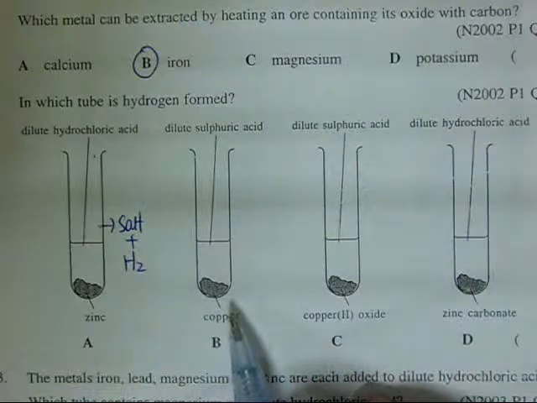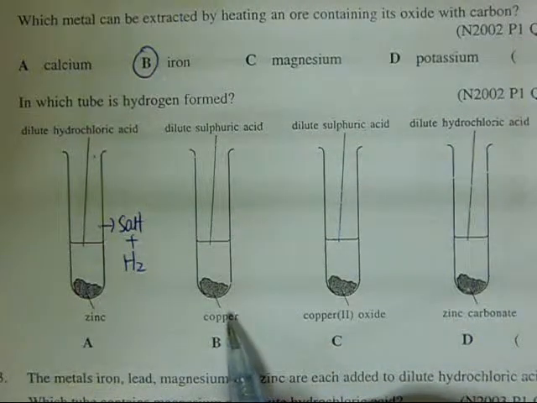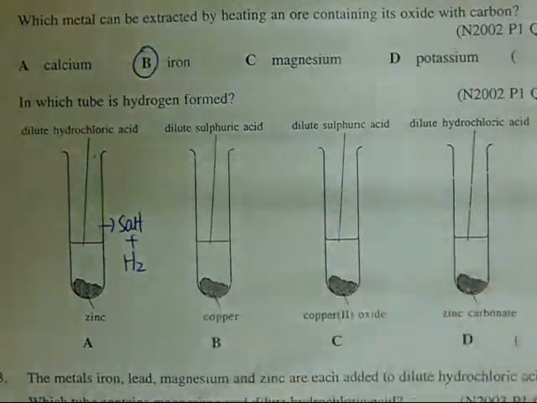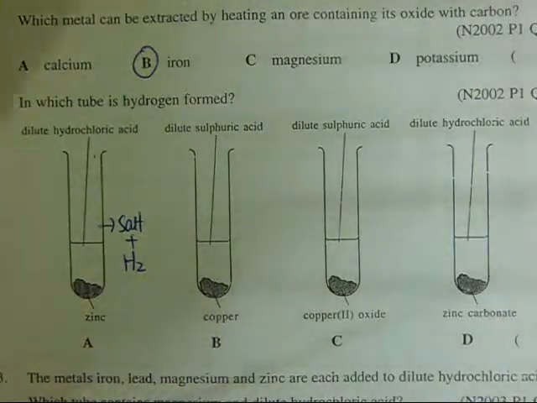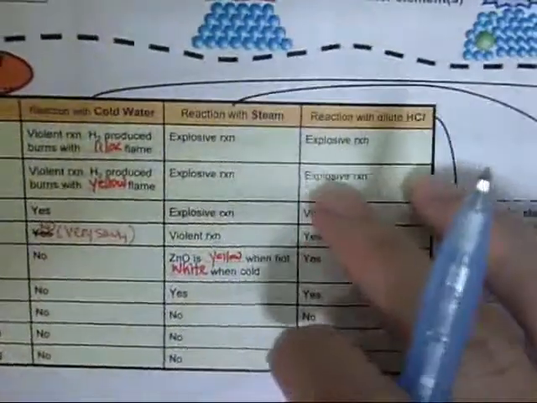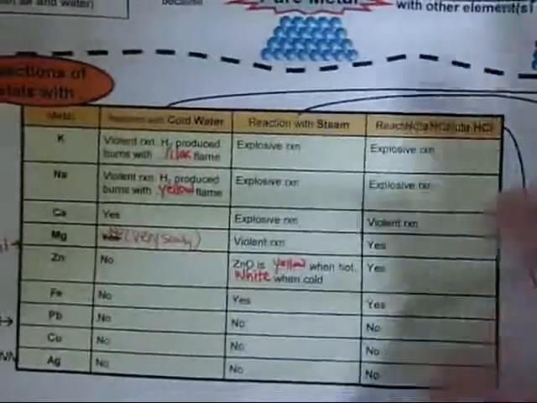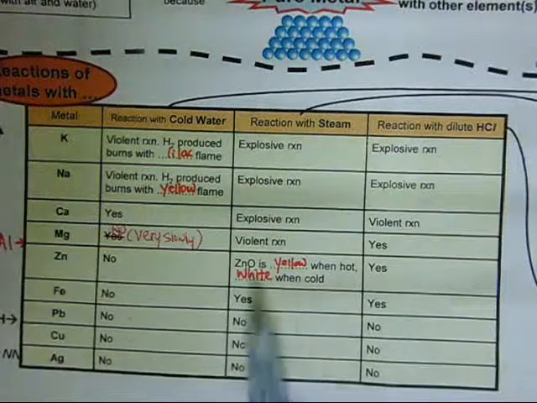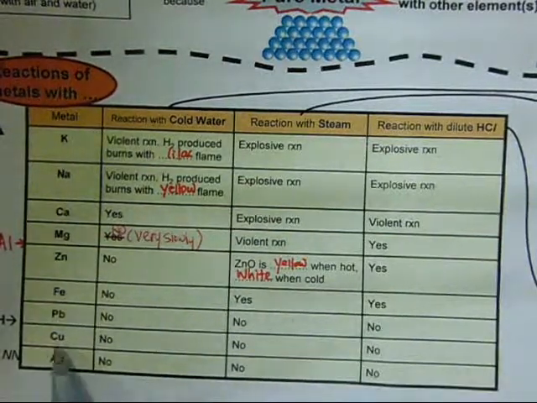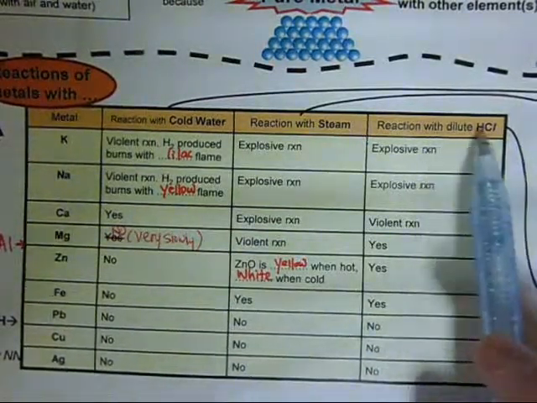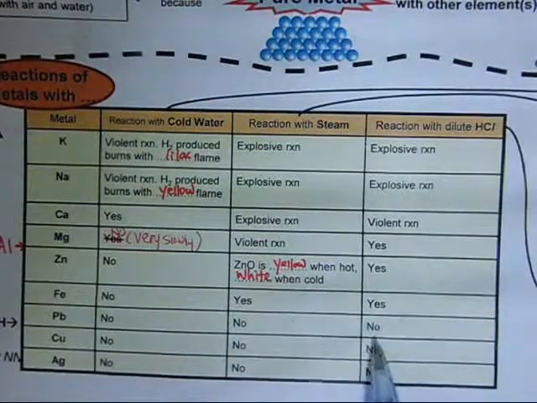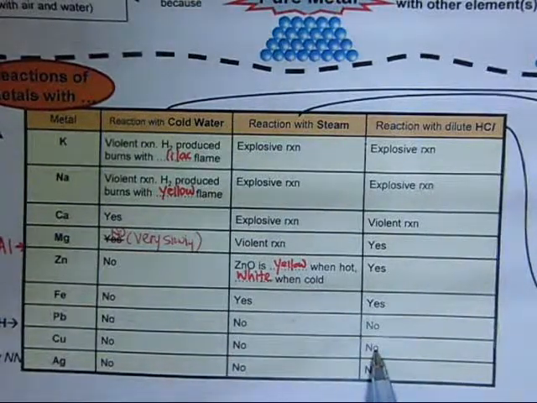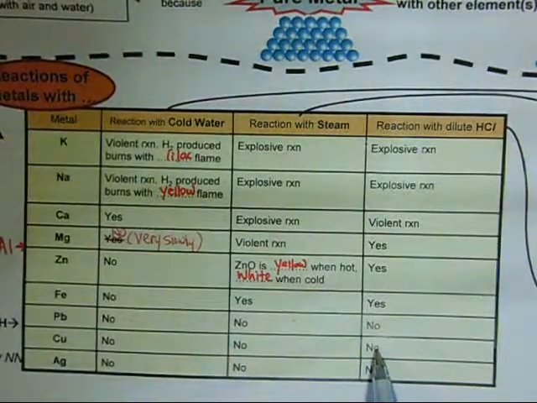How about for the second question? For the second question it is still metal and acid. However, copper does not react with acid. If you look at the Mindmap again on the first page, under reaction with hydrochloric acid, copper, no. So copper does not react with hydrochloric acid.